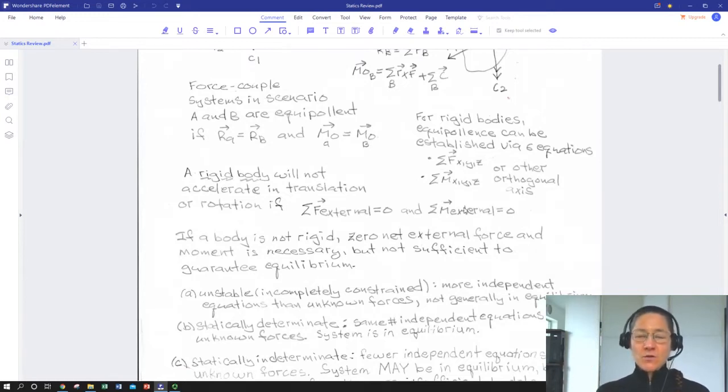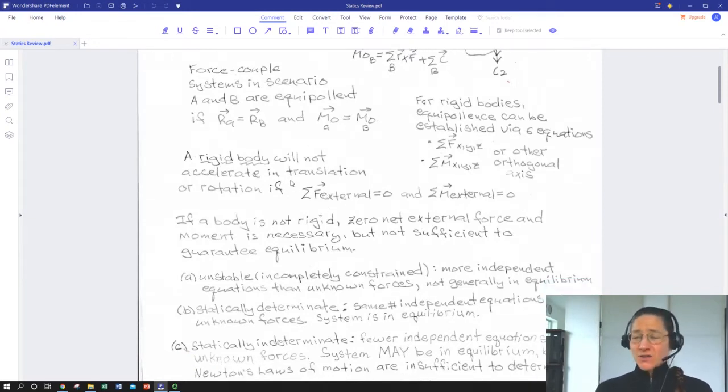We'll have 0 rotational acceleration. So if a body is rigid, the sum of the external forces being 0, and the sum of the external moments 0 is sufficient to define being in static equilibrium.